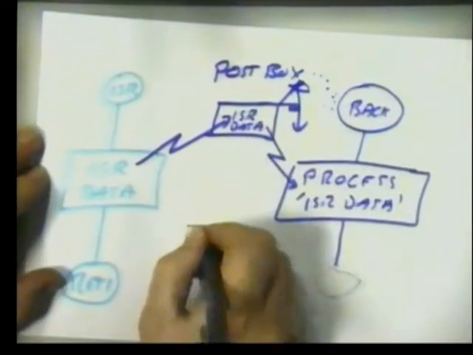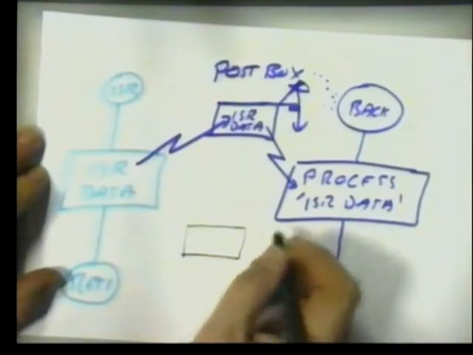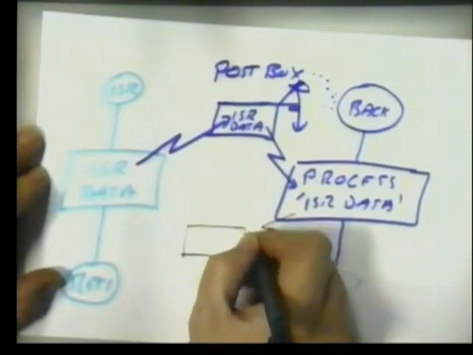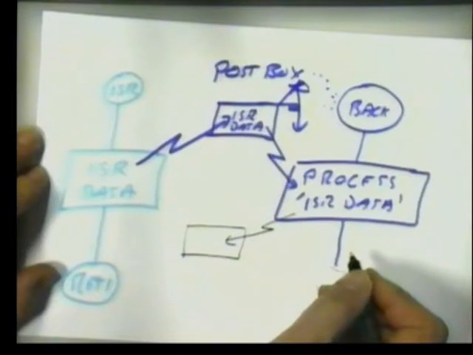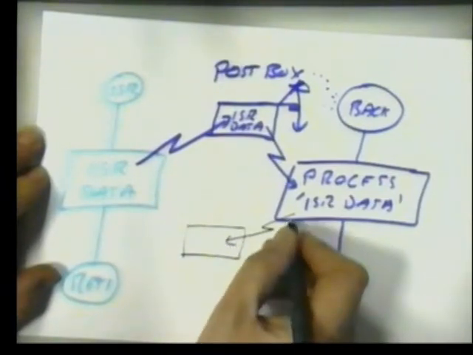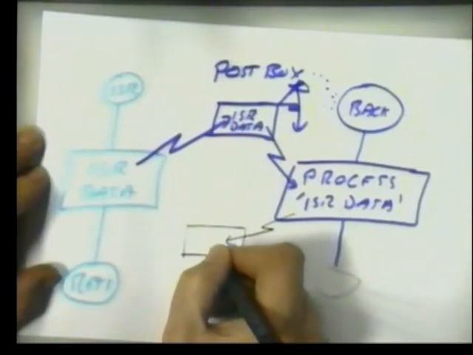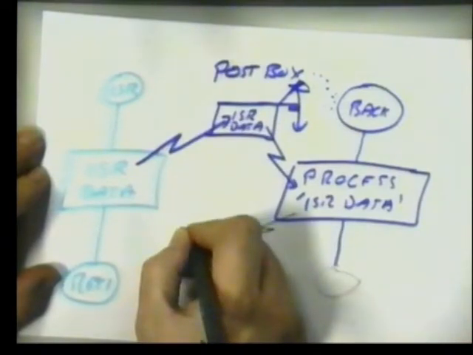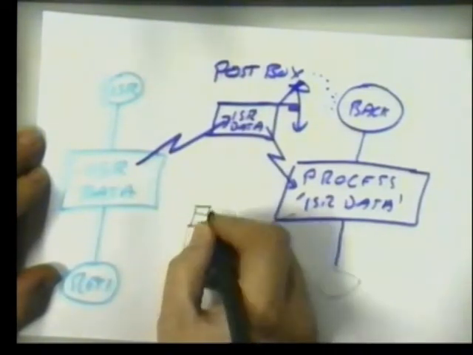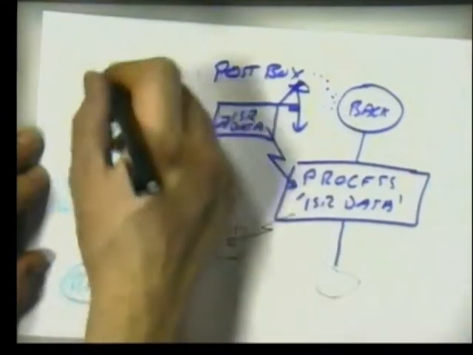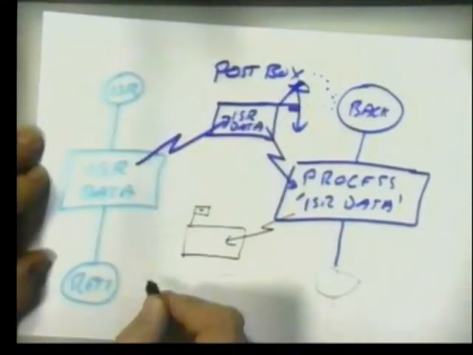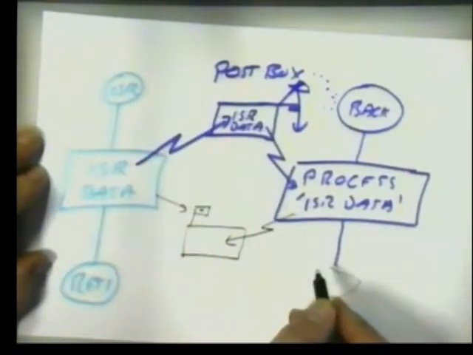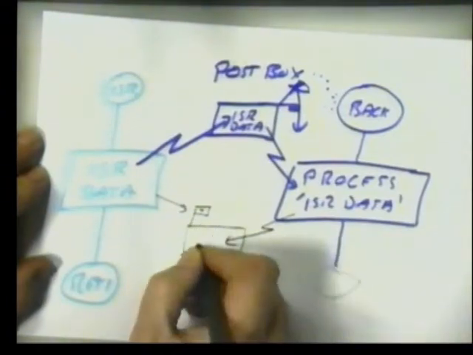And you can use the same process to signal back. If the background process needs to leave messages for the ISR, it can put it into an outgoing postbox and it can set the flag true to say, hey, I've got some data for you. The next time the ISR occurs, it looks at the flag, it says, oh, there's some data for me.